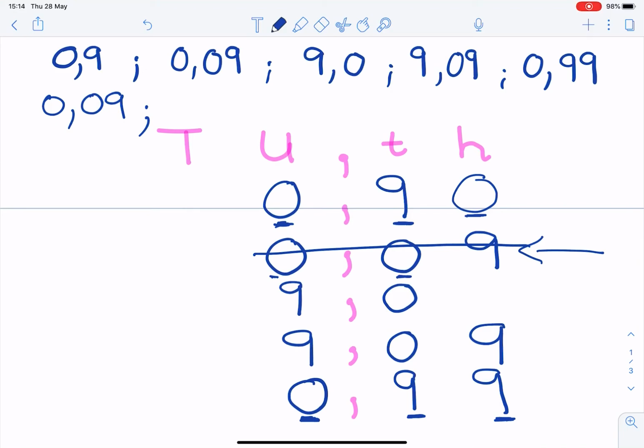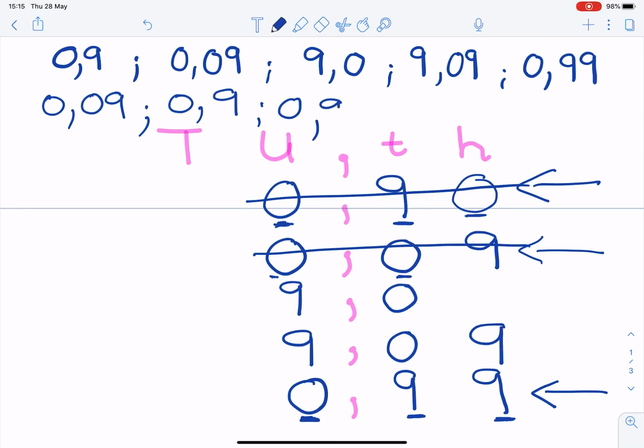So our next number will be 0,9. And let's cross that one out. Okay, obviously the next one will be this one because the others have got 9s in the units column. So the next number is 0,99.